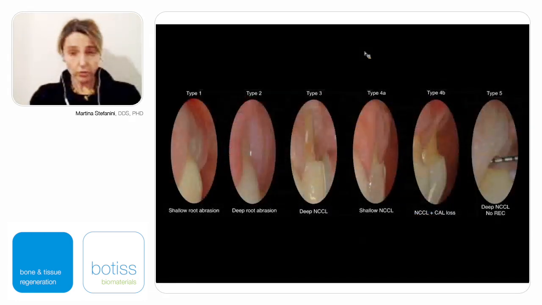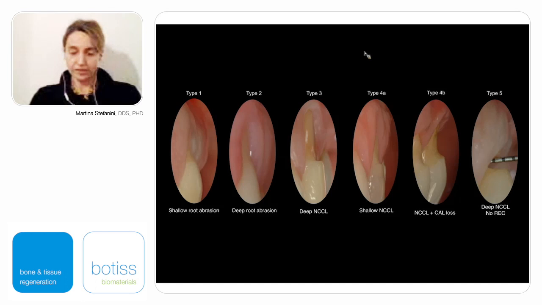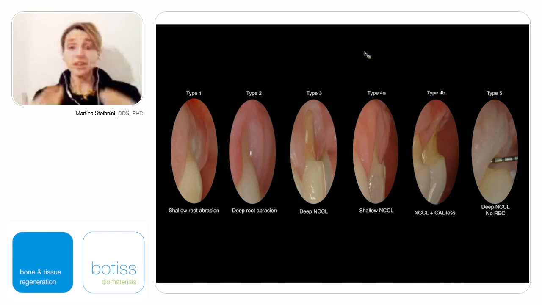All of you know that in our daily practice, this clinical scenario is very common, with the etiological factor that causes gingival recession. Gingival recession occurs from a traumatic toothbrushing technique.